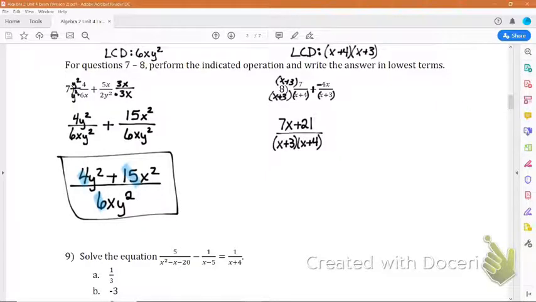So then we now need to figure out what we have to multiply the second fraction by. What's missing out of the denominator? X plus 4. So I'm going to multiply top and bottom by x plus 4.